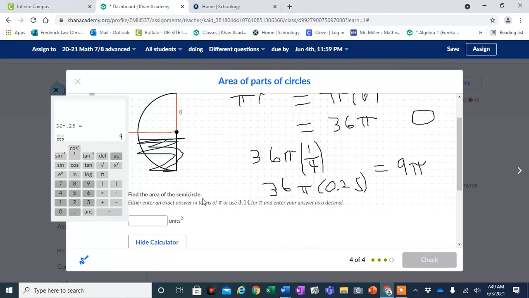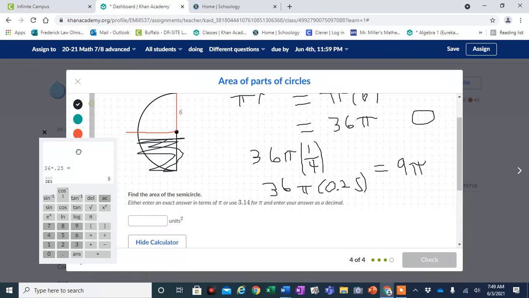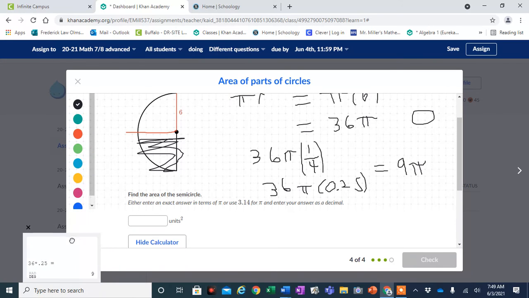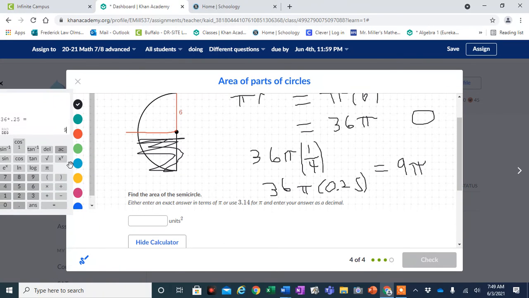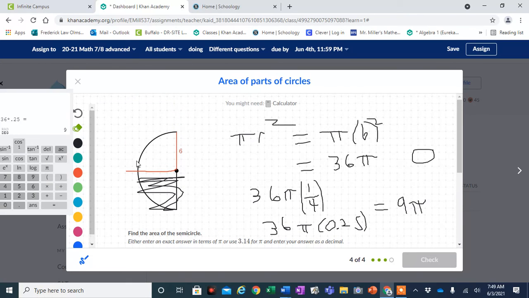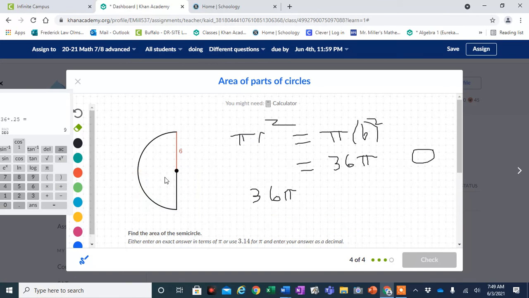To finish off this real problem, we really have half a circle. So we would have 9 pi and another 9 pi, or we could just multiply 36 pi times 1/2, because this is really half a circle.